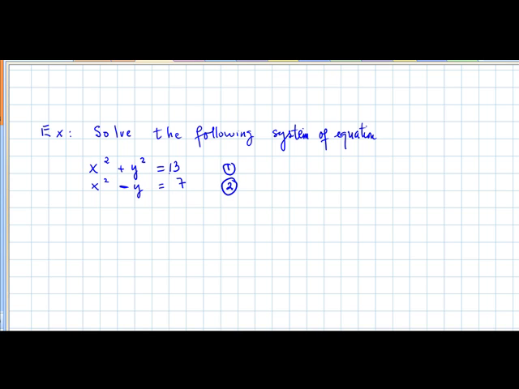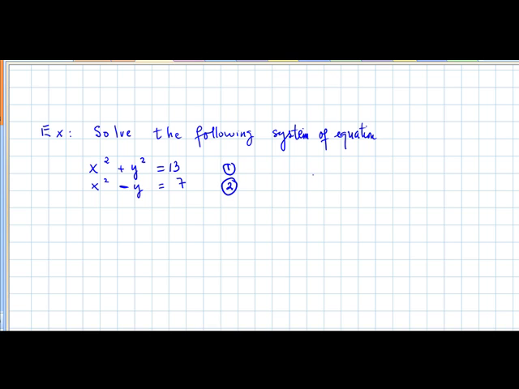Since our system has two equations and all of them are nonlinear, the best way, well, not the best way, but the most preferred way to do this is to use the addition method, which also goes by the name of the elimination method. It's the same thing. I like to call it addition, but your author may call it a different name, but it's the same thing.